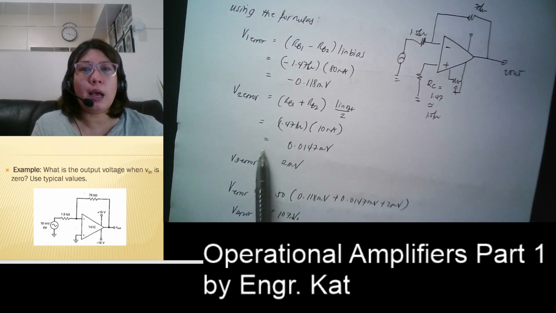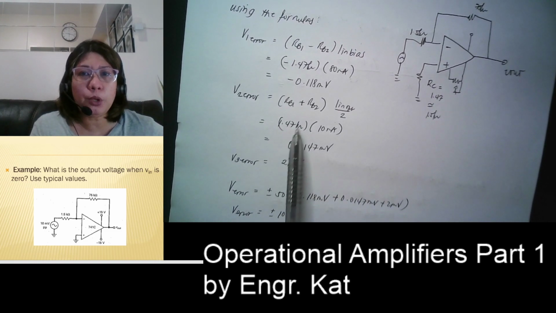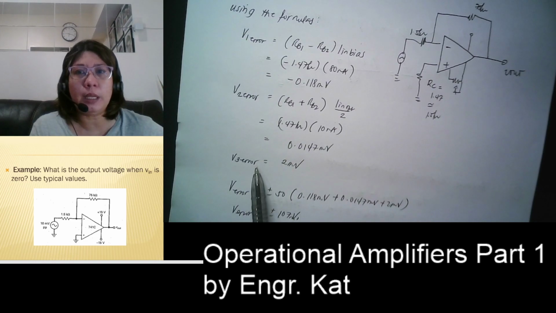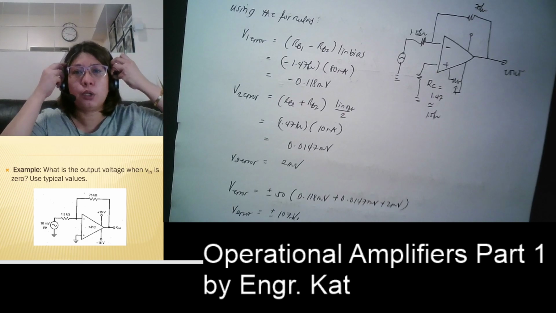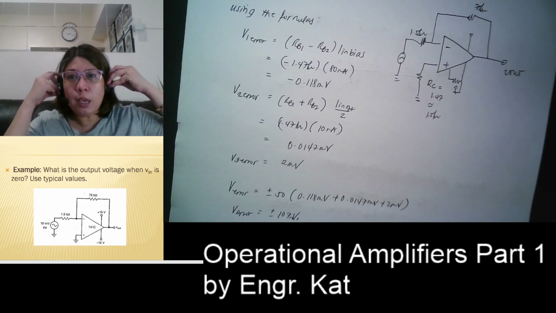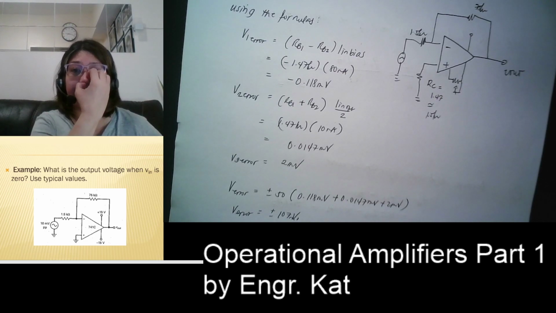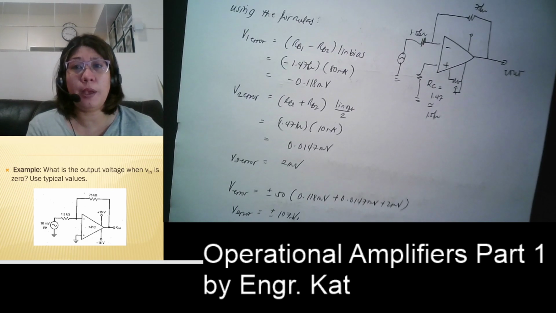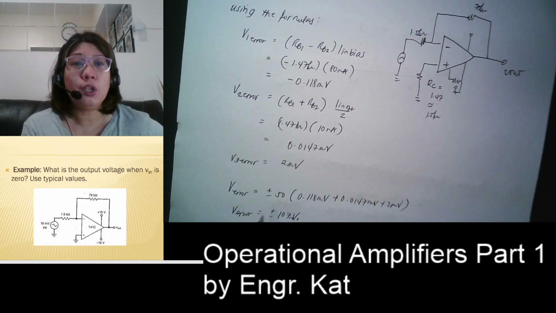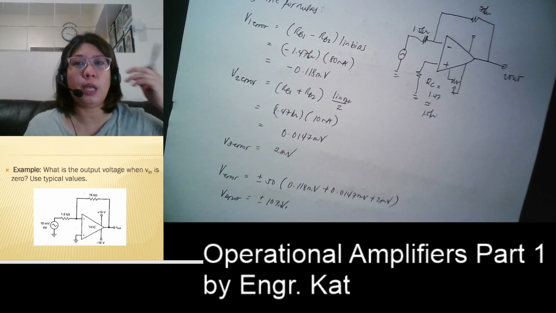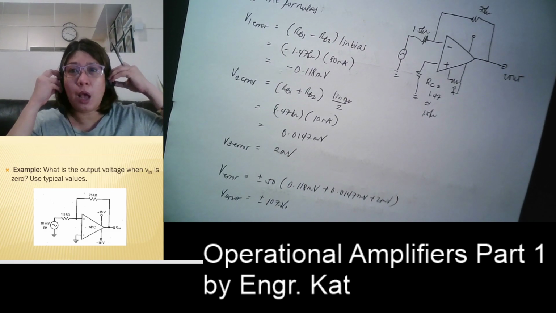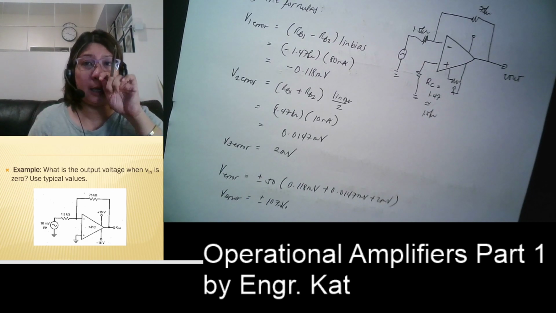Okay? The same is true with your V2 error and your V3 error. So V3 error is just equivalent to your input offset voltage. Okay? So you can see what is the effect of your closed loop voltage gain. So the closed loop voltage gain will minimize your input error voltage. So why? How will it minimize your input voltage error?